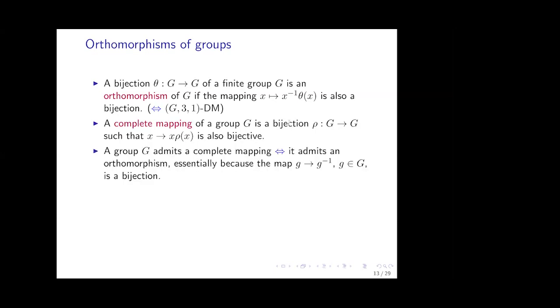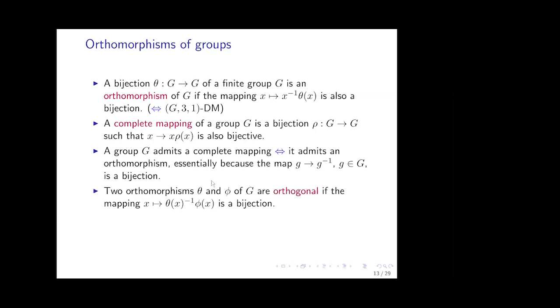Actually, these two concepts are equivalent because the map g to g inverse is also a bijection. So in some literature, they use either definition to define orthomorphisms of a group.